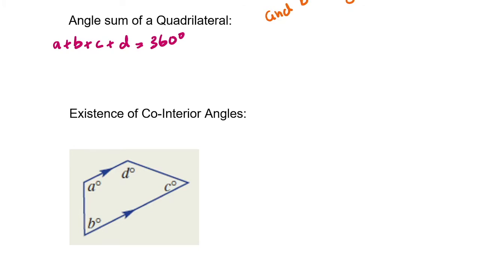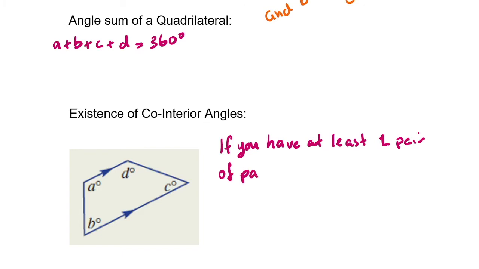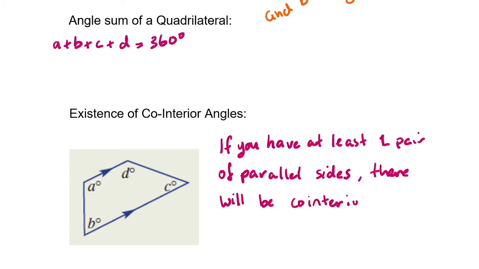Now the last one there is that if you have at least one pair of parallel sides, so this is where we've gotten into the trapezium territory, which is the shape that you're seeing there, there will be co-interior angles.